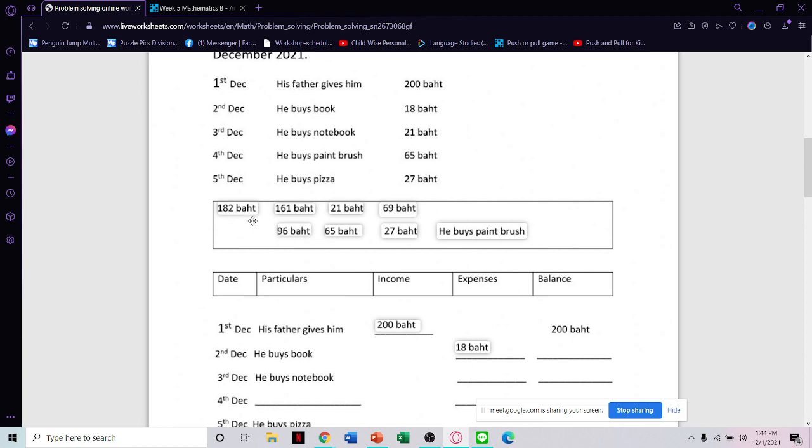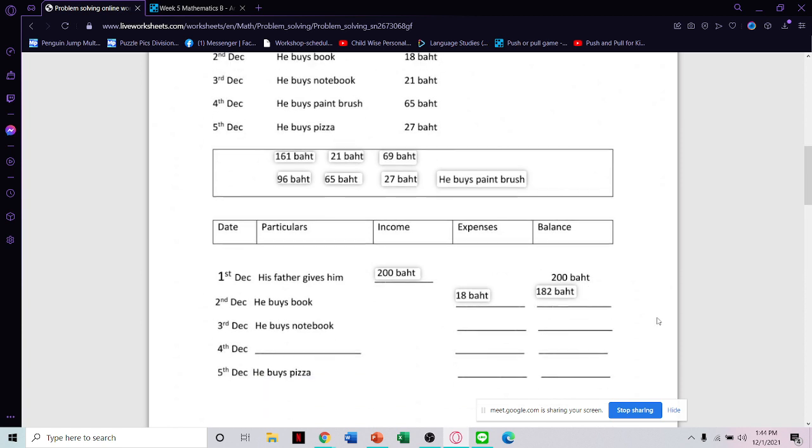Yes, 182 baht. Next, he buys a notebook for how much? He buys a notebook for 21 baht. Yes, since it's an expense, you are going to subtract from 182.